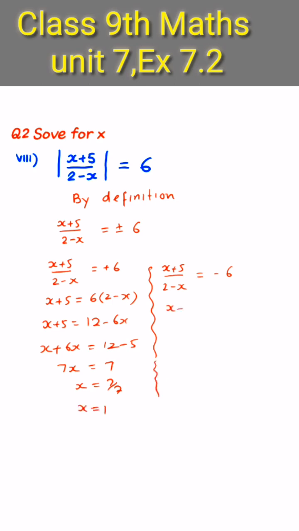And in second case we will get x plus 5 is equal to minus 6 multiplied by 2 minus x. x plus 5 will be equal to minus 12 plus 6x.